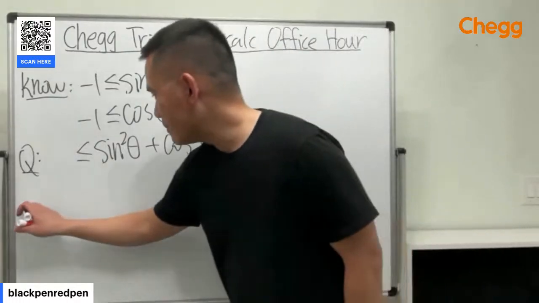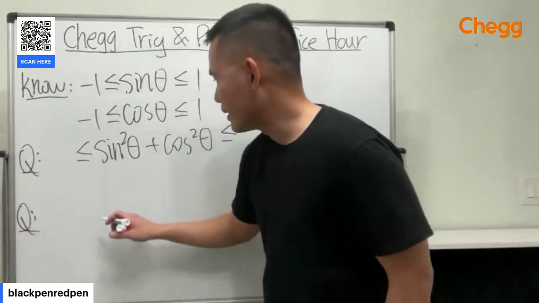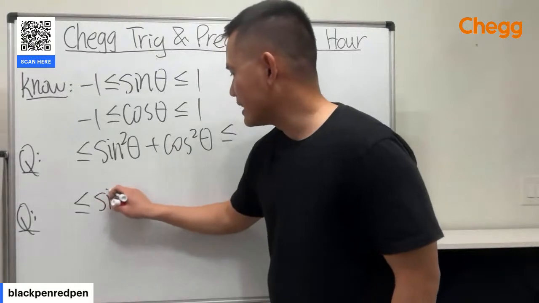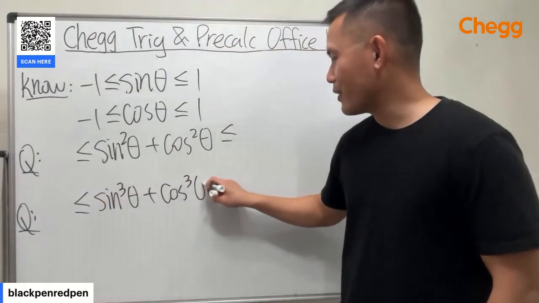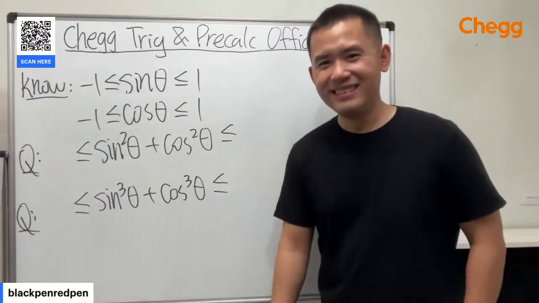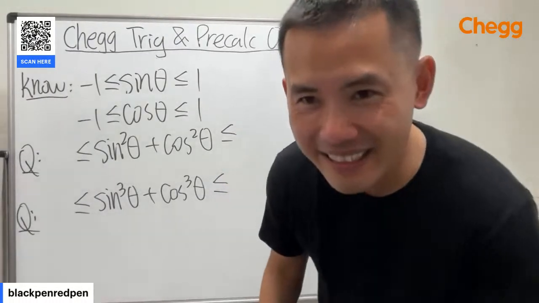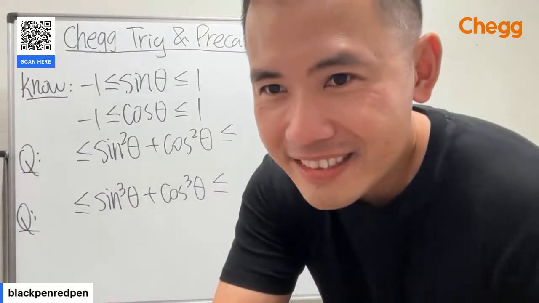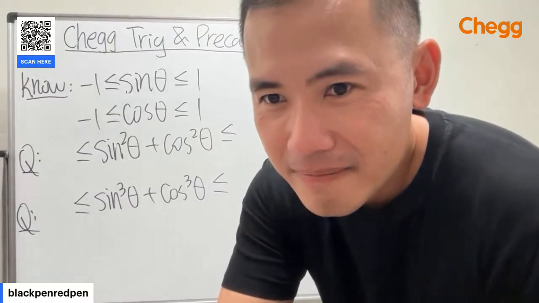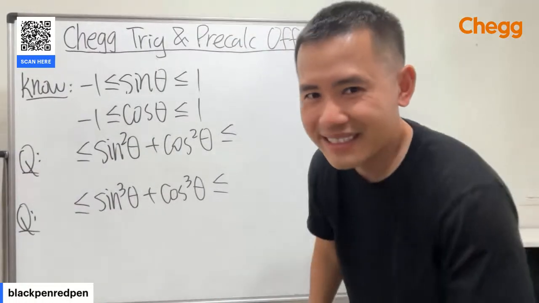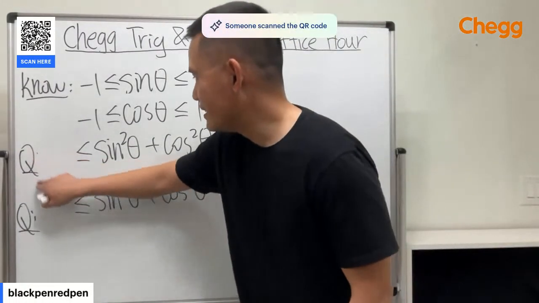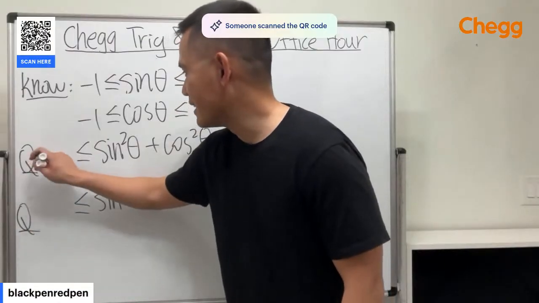And then in the meantime, let me also write this down. How about if we have sine to the third power theta plus cosine to the third power theta? All right. So this is number 1. This is number 2. 2 questions for you guys.